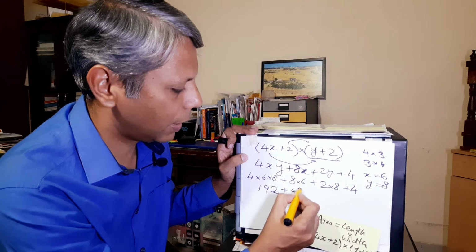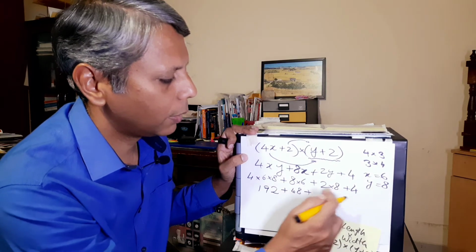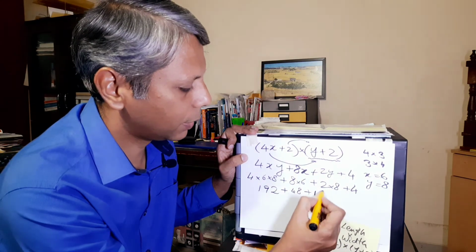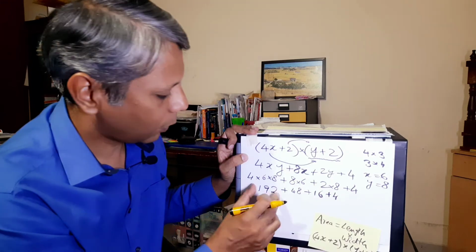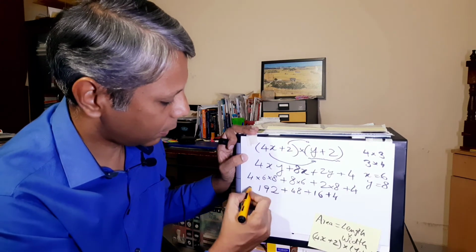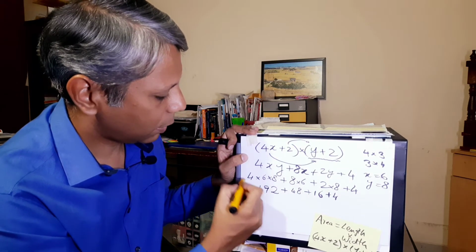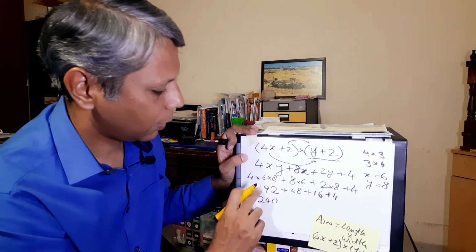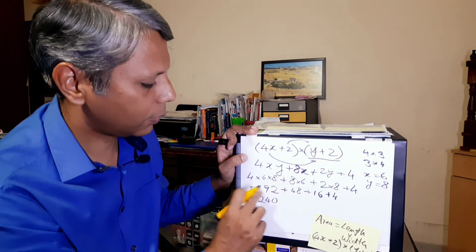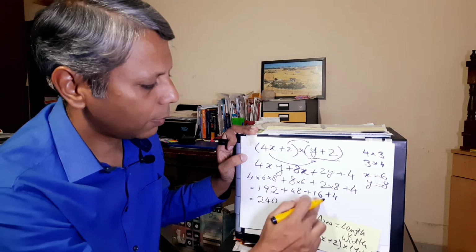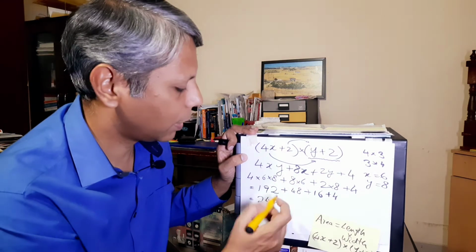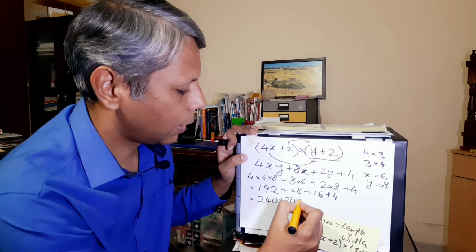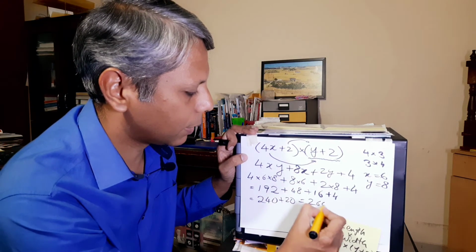is 48 plus 2 into 8 is 16 plus 4. 192 plus 48 is 240. 192 plus 8 is 200, plus then 40. 16 plus 4 is 20, plus 20, and that's 260.